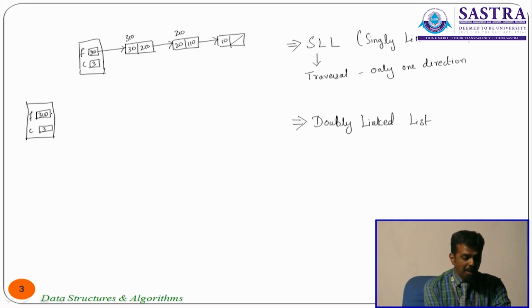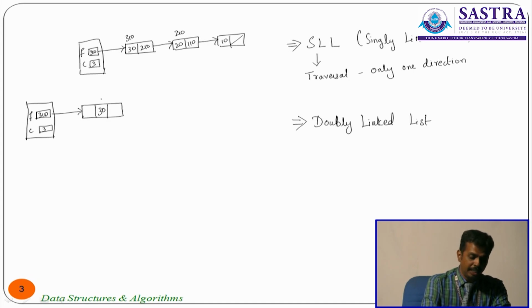Look at the structure of the 310th node. It does not have 2 fields, it has 3 fields. One is the actual data, the data field, then who is the next, and who is the previous.